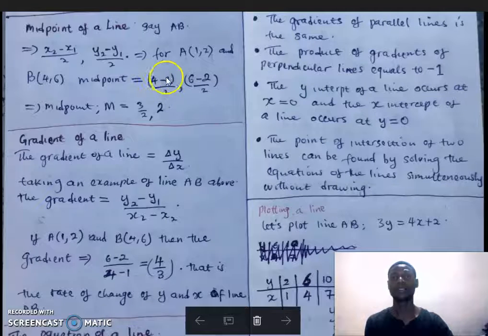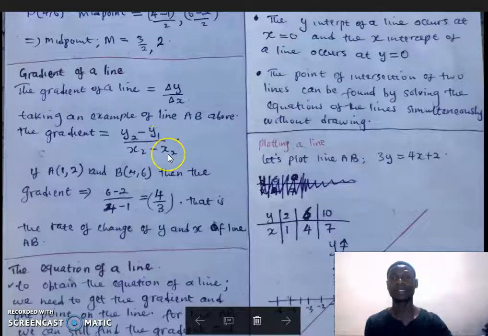For example, this will be x2 plus x1 over 2 and y2 plus y1 over 2. This one will give us the x coordinate, and this one will give us the y coordinate of the midpoint of this line segment.